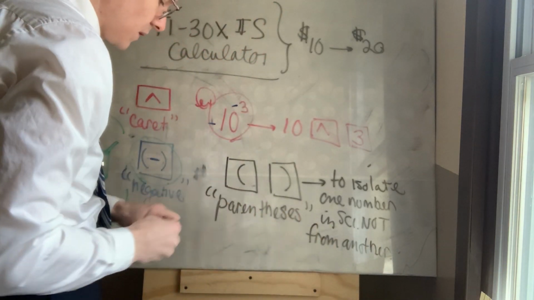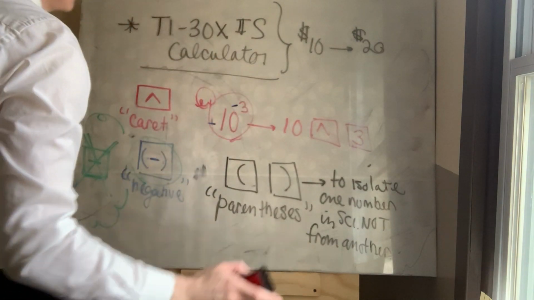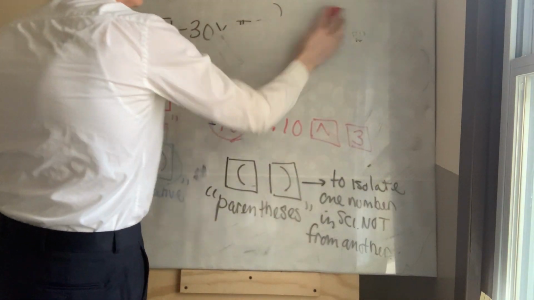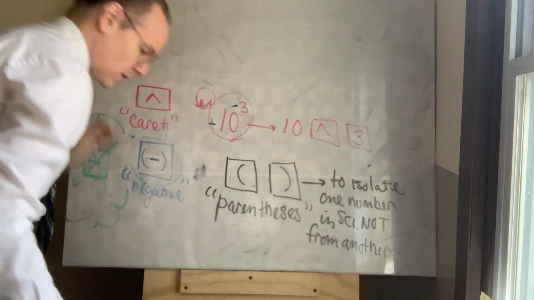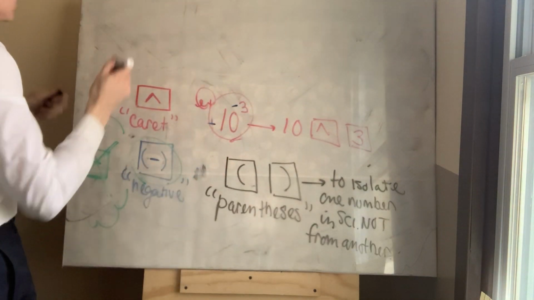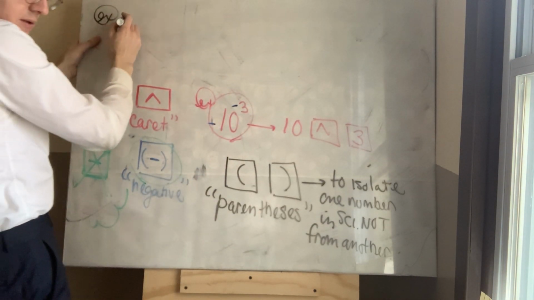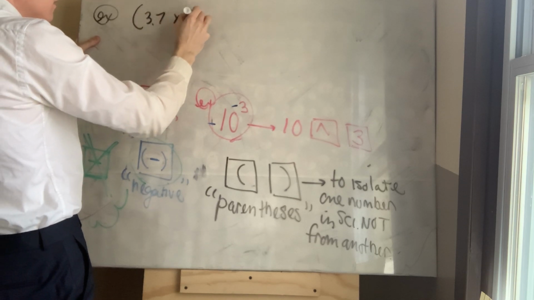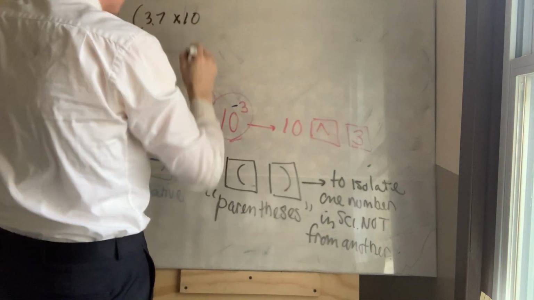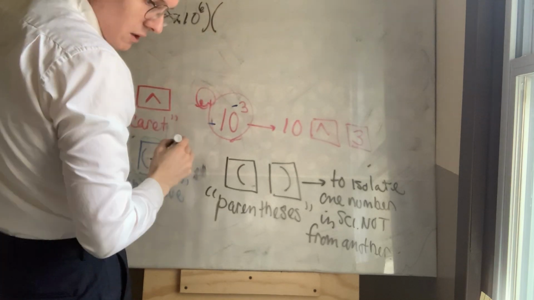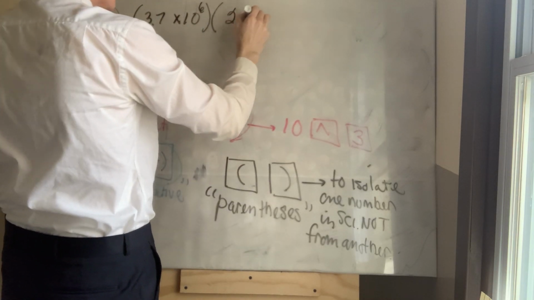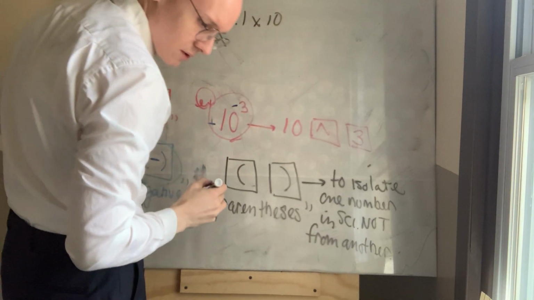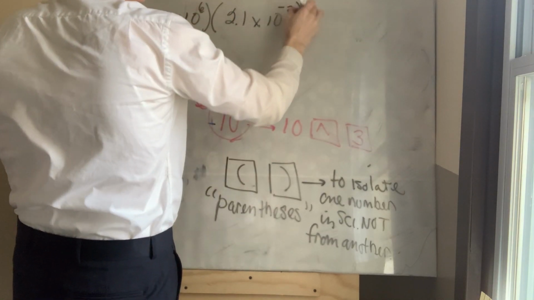Here's what I mean. If you were going to go directly to your calculator to do a problem like this rather than by hand: 3.7 times 10 to the 6th times 2.1 times 10 to the negative 2nd.